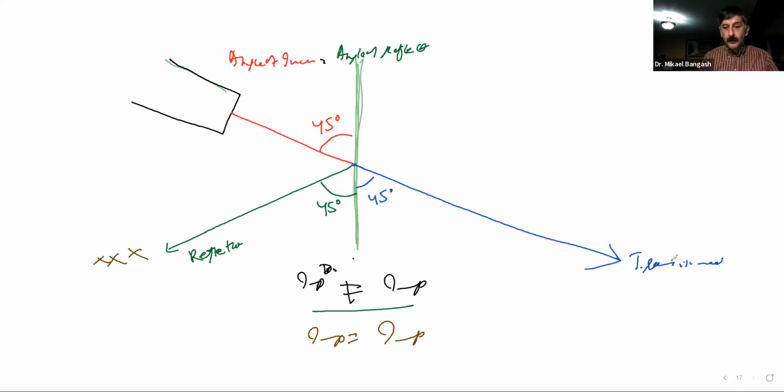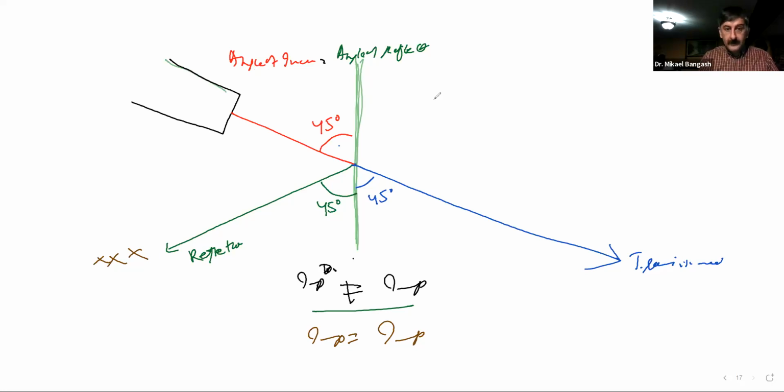Now, what is the scenario where we can say that your angle of incidence is equal to the angle of transmission, which means it will be like this, although our incidence is oblique? Clear?